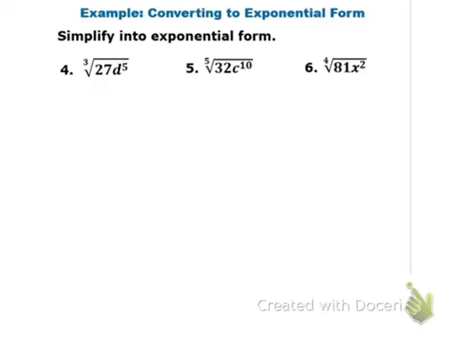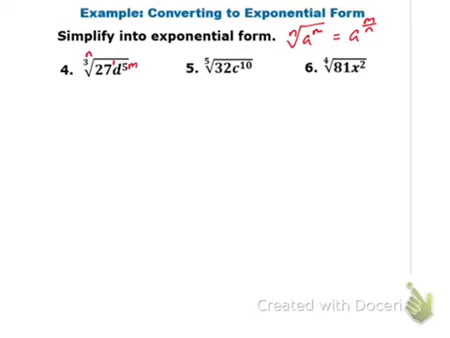So same rules apply. If we're going from radical form to exponential, the same rules apply. We know that this is going to be n. This is the m for the d, but the 27 also has its own m value. It's 1.